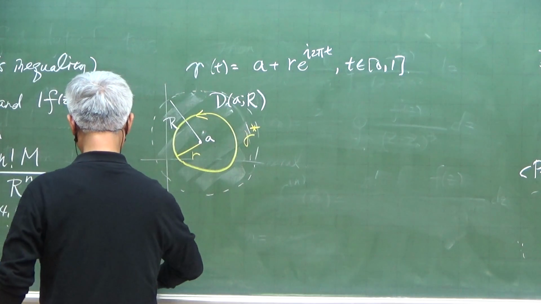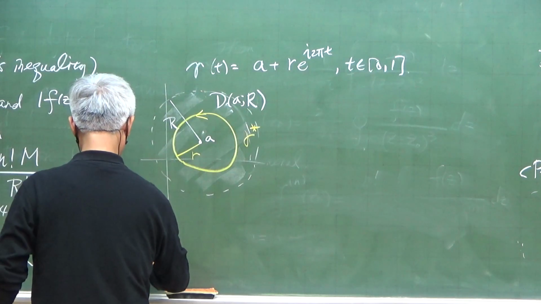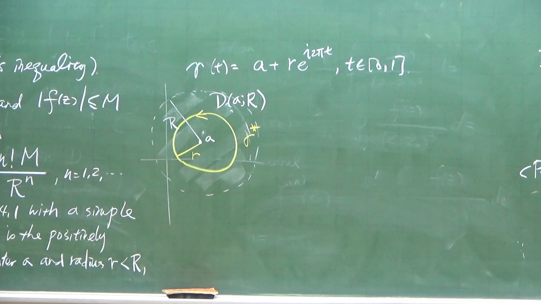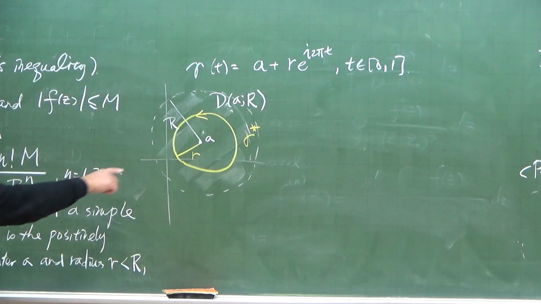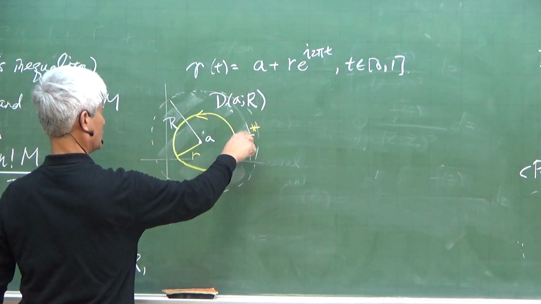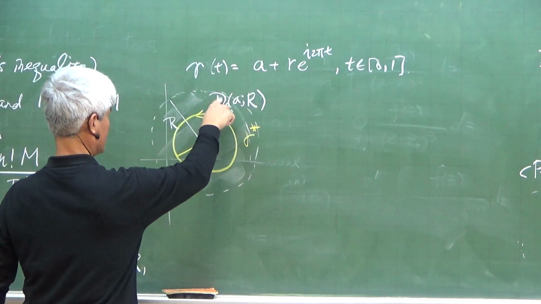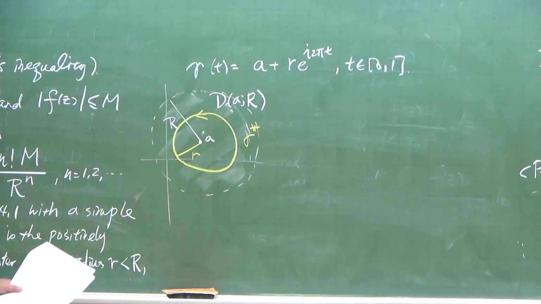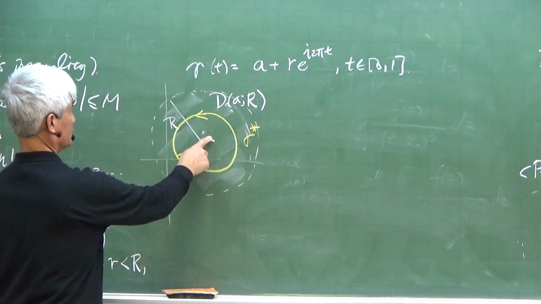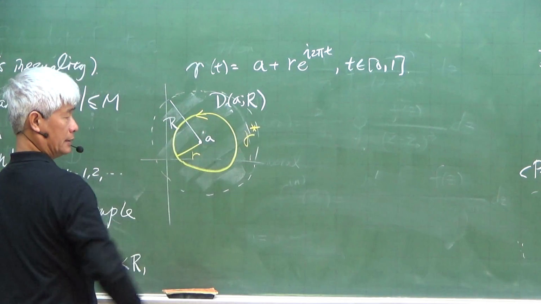And the radius little r is chosen to be less than big R, so that gamma star is in the disk and encloses the point A.